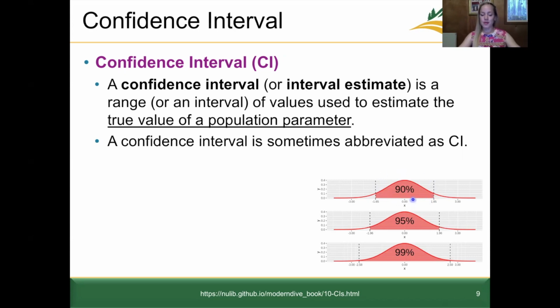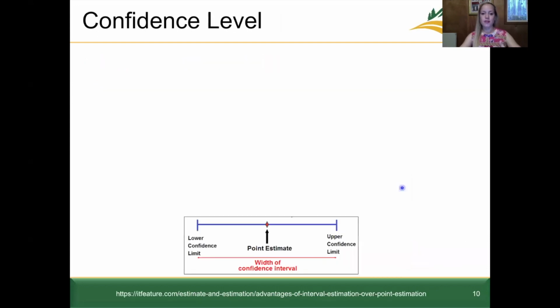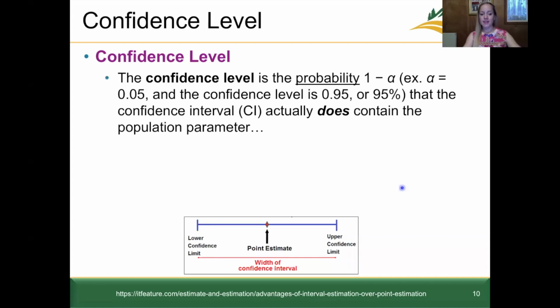This does build on what we've seen before, looking at distributions like this that are bell-shaped and symmetric. These are 3 examples of some common confidence intervals. And we'll talk a lot more in 7.1 about how to determine these confidence intervals and what they really mean. What do we know if we know the confidence interval is 90%, for example? The next important terminology here is a confidence level, where a confidence level is the probability 1 minus alpha.